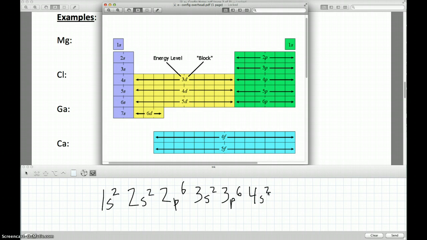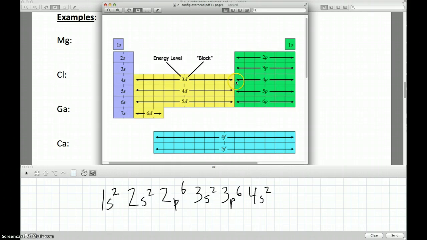Now one thing I want to talk about real quick, if you notice, this is 4s, and this is 4p, but the D block is always 1 less than the S or the P block. And what it is, as you start filling up electrons, we add 1, we add another electron, we add another, and we build up to gallium right here.